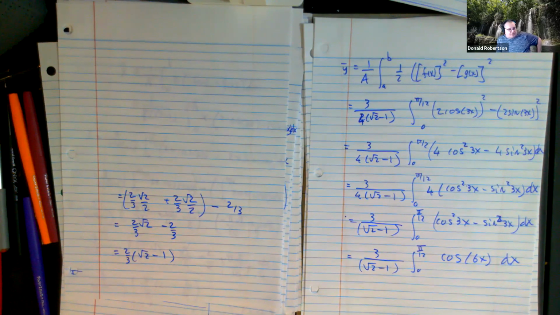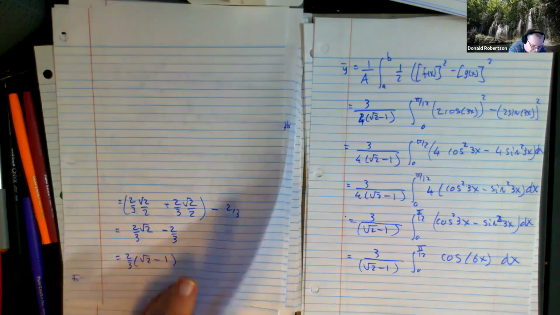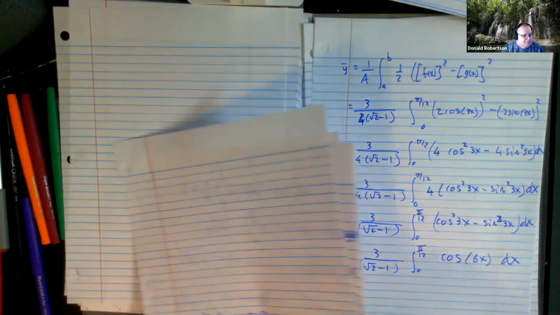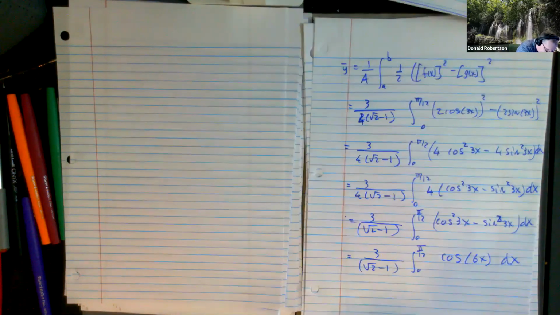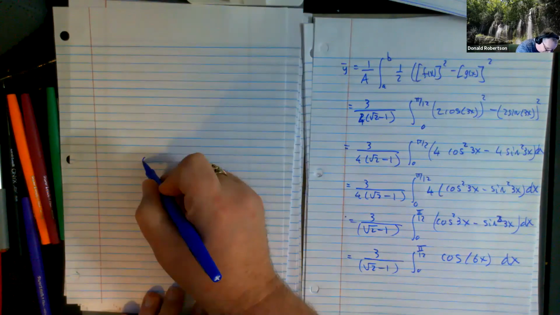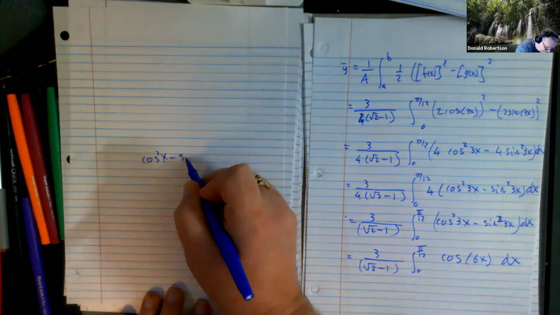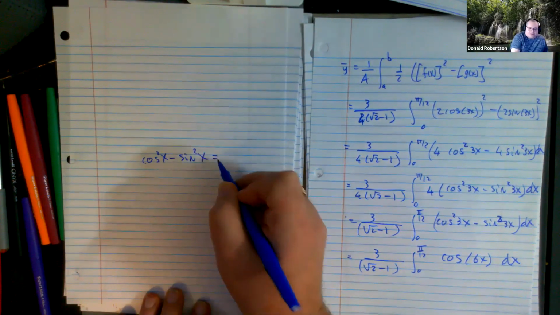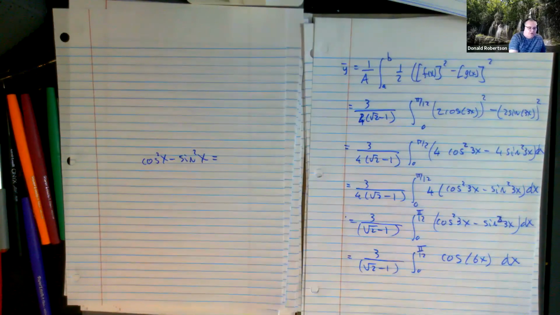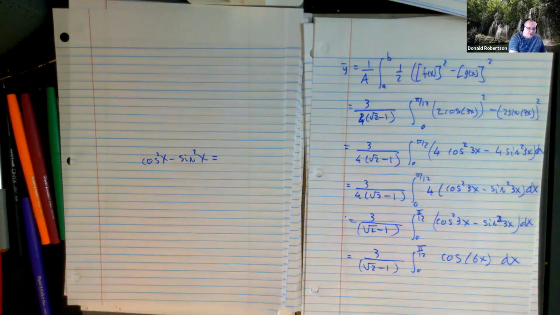I just pulled that out of a hat somewhere. Any ideas where I got that from? I got it from this identity here. Does anyone know what cos squared x minus sine squared x is equal to?